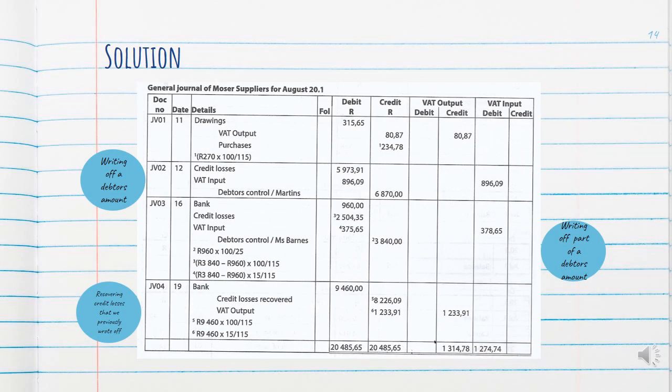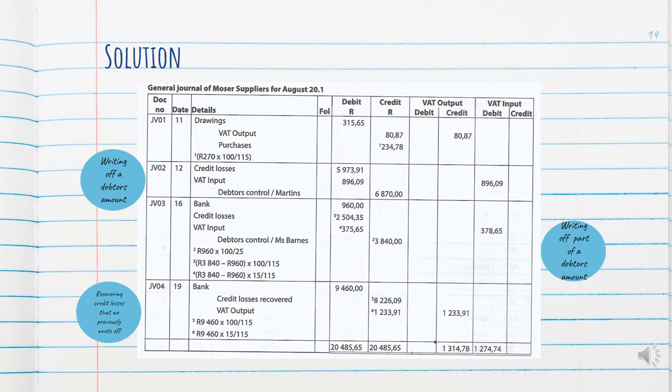So here, when you look at the solution, I've just put a little bubble next to each of the transactions so that you can see what happens in each of these circumstances. So when we write off a debtor's amount, that is how we do it. We use credit losses and VAT input in our debits, and we credit our debtor's control.